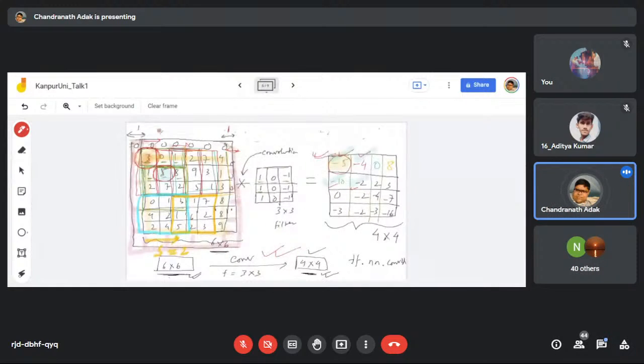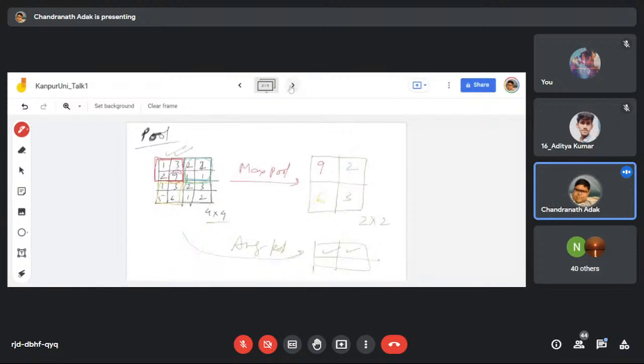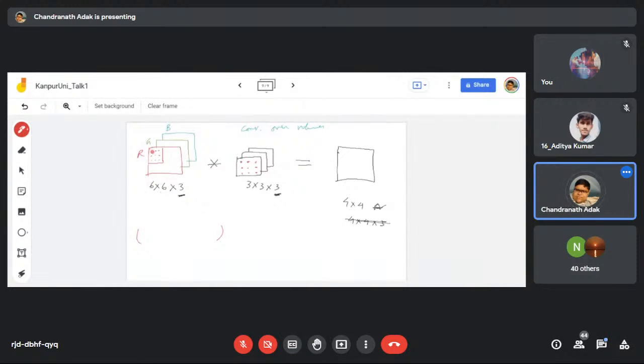I deleted them, but perhaps you remember, I wrote that one. So how I calculated? This point into this point, then this point into this point. So I have added it up. That means I added up how many values? 9 values.